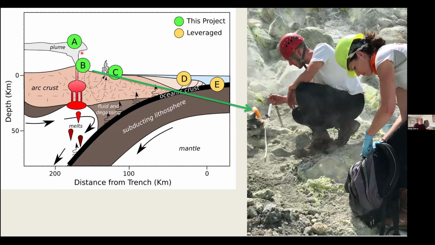We also go into active volcanoes, and this is my colleagues and I collecting samples from fumarolic gases inside of Poas volcano in Costa Rica, so we can make a direct measurement of how much carbon, water, noble gases, everything that's coming out of these actively erupting systems.